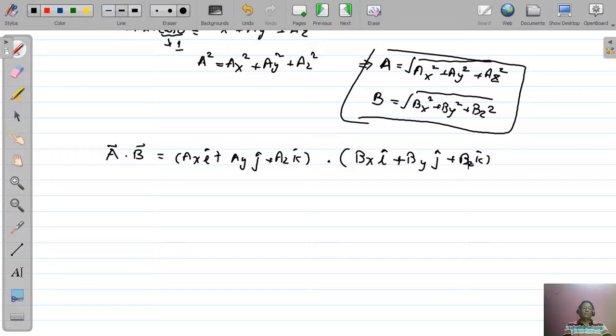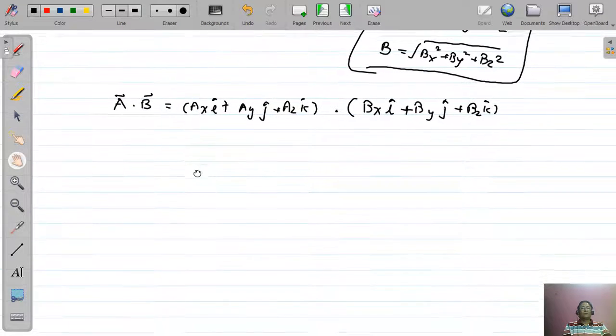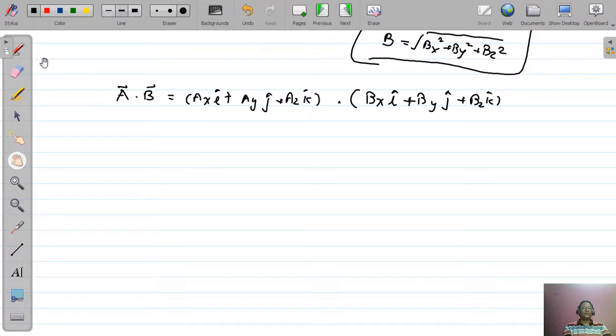As we have mentioned earlier, the product A dot B means magnitude of A, magnitude of B, and the angle between them, say theta. And we multiply, taking the dot product. So i dot i is 1, j dot j is 1, and k dot k is 1.